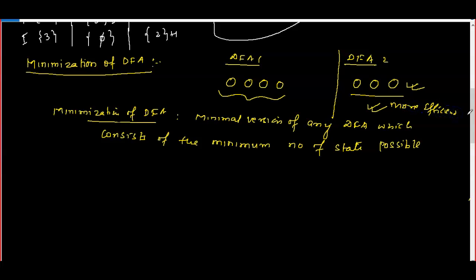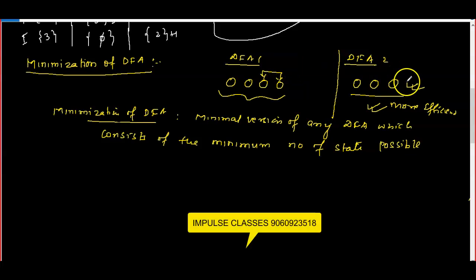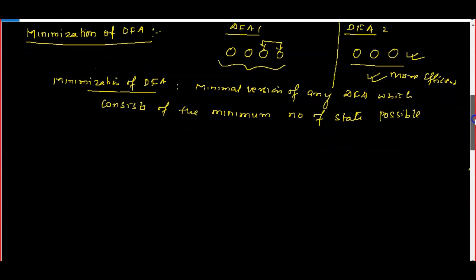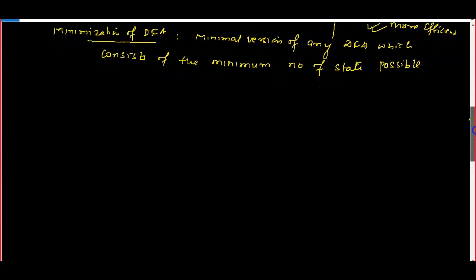So what do we have to do? Minimization means we have to combine 2 states and make them only one. We can combine 2 states together and make it one. That's why this one also has the same DFA, working as the same abstract machine. It is more efficient because they have combined 2 states and merged them into one.